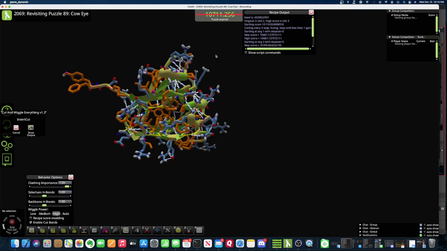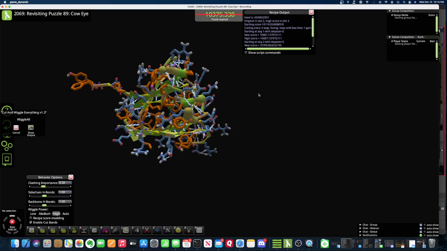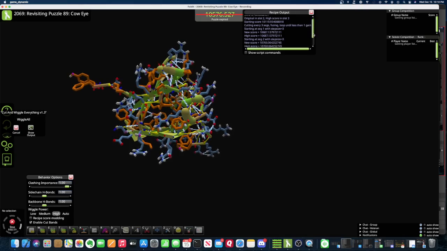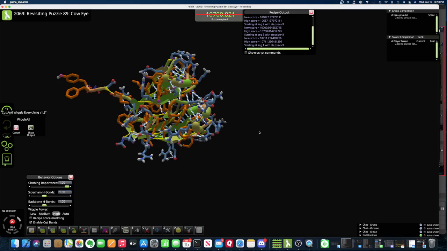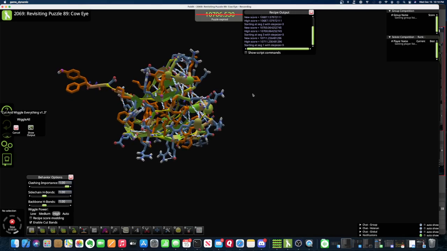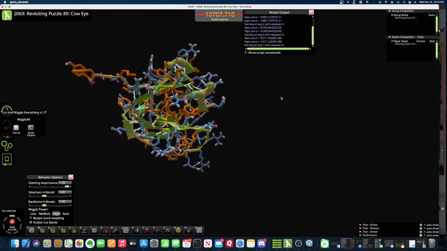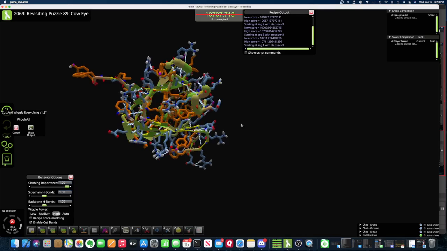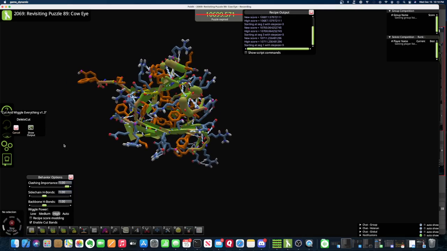Here, what we're doing is getting it into a more ideal shape from where it was. Let's move this down. See, we got another 11 points there. So we can let that run for a while if we want, or we can get impatient like I normally do and stop it early.